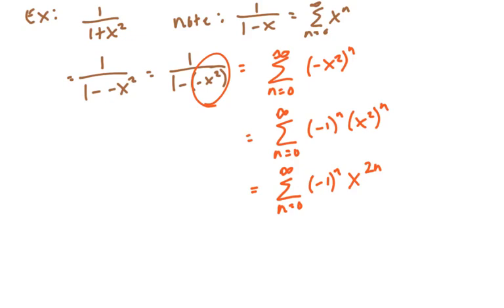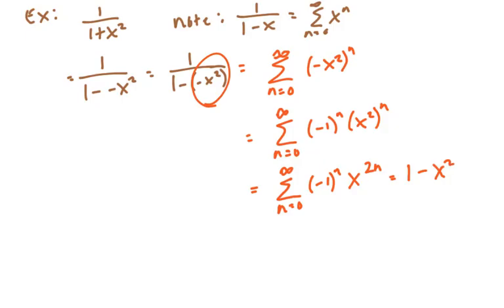So now let's look at a few terms. Negative 1 to the 0 power is 1, and x to the 0 power is 1. So 1 times 1 is 1. And then it's alternating, so negative 1 to the first power makes it negative, and then I have x squared.